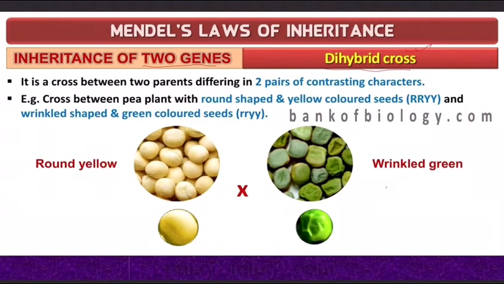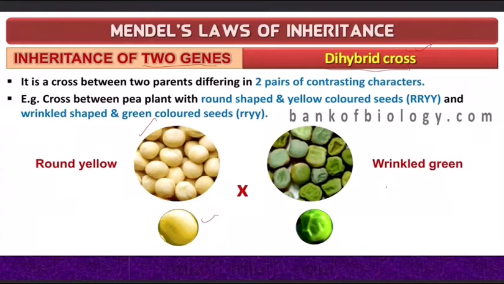Now in this session we are going to deal with inheritance of two genes. We call this a dihybrid cross. Di means two, hybrid formation takes place, and the crossing of the two, hence dihybrid cross. So it is a cross between two parents differing in two pairs of contrasting characters.